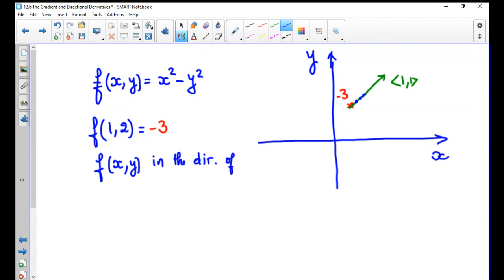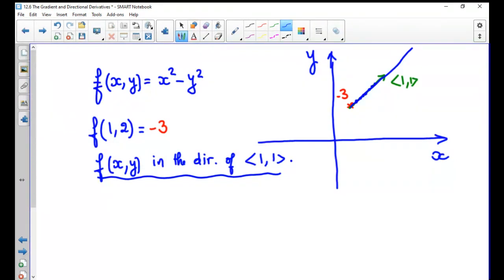I want to study this function only in the direction (1, 1). I want to know what's happening to this function as I move along this vector (1, 1). So I want to know, is it increasing, is it decreasing, and so on.